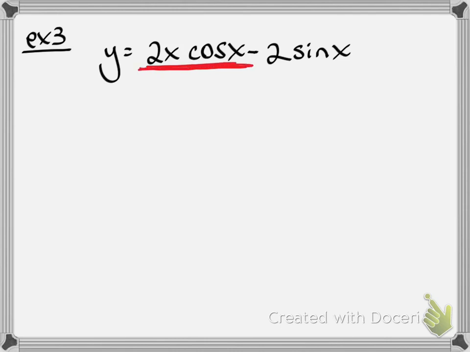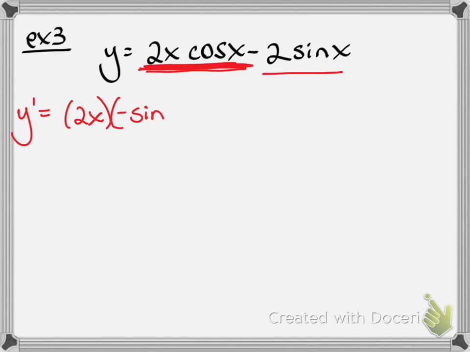So I'm going to have to do the product rule here and then take care of that. So when we go to do our derivative, we've got a product. So it's first times the derivative of the second, plus the second times the derivative of the first. All of that is just the product rule of this.